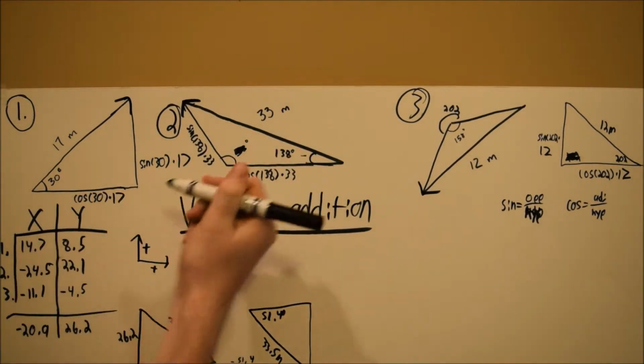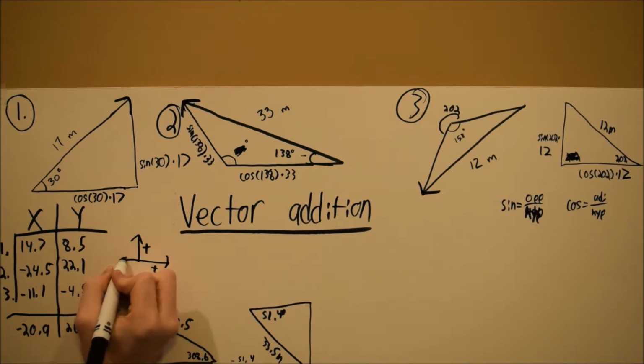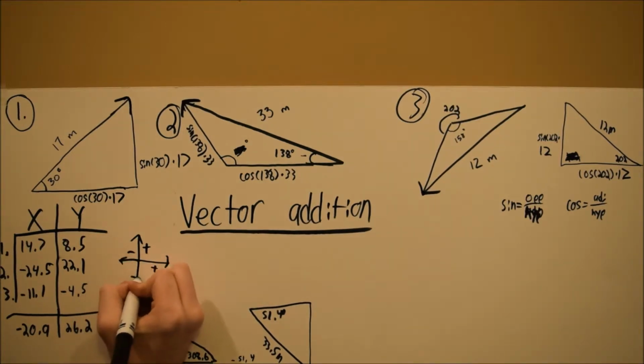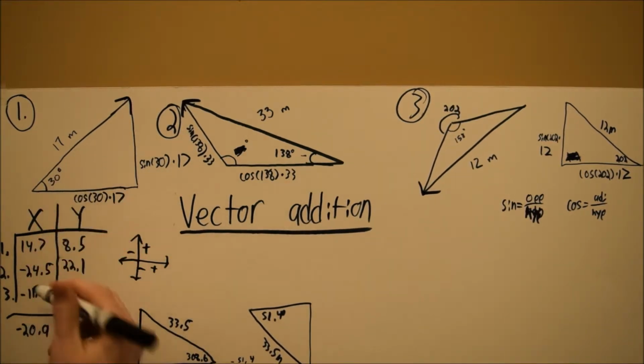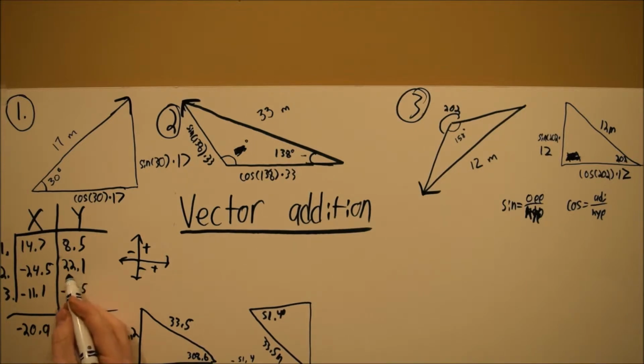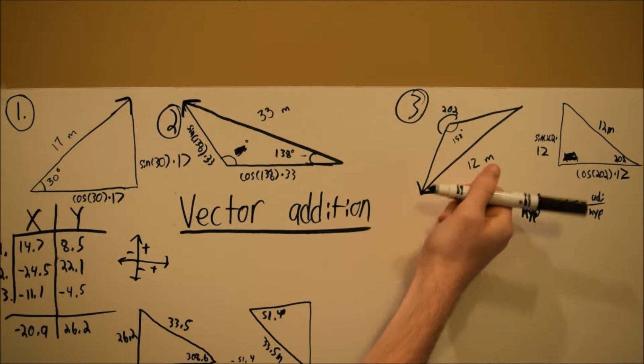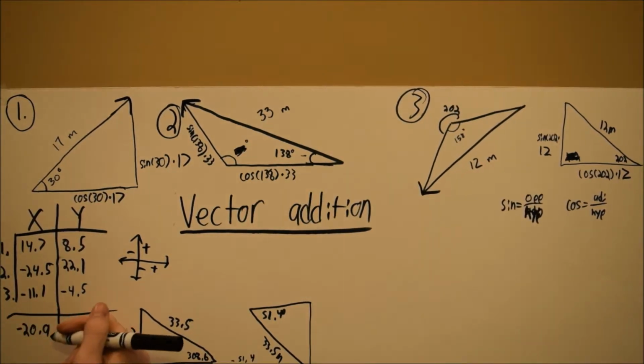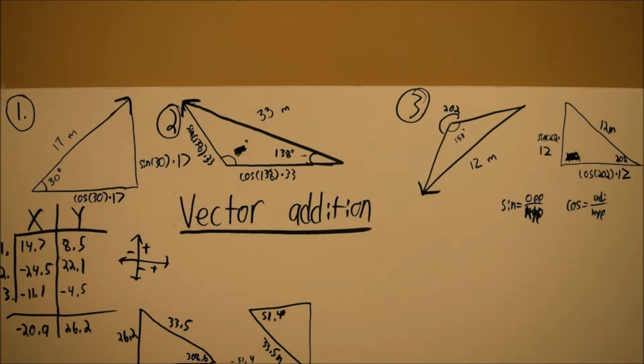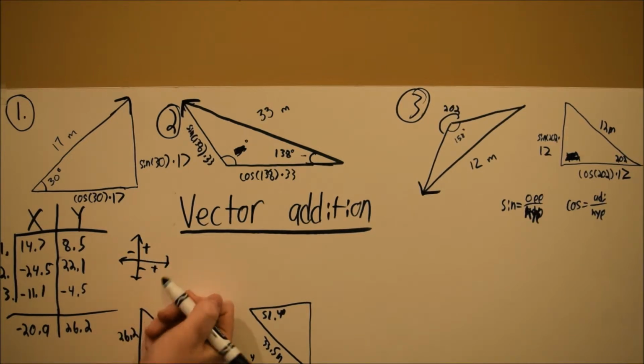So the x direction is going to the left, which is negative in this problem, and it's going up, which in the y is positive. For 3, you've got it going down and to the left, so both of them are negative. The numbers also come out negative or positive, so usually you don't have to think about it too much, but you just have to make sure that you define your directions.